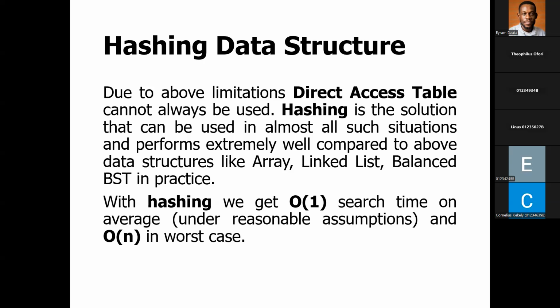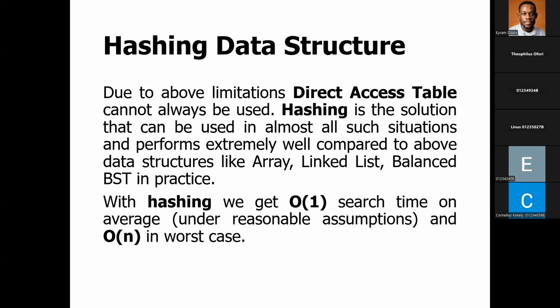But a hash table can easily be implemented in your programming language. For instance, in Python, you can use dictionaries and sets to implement a hash table. But with the direct access table, practically it's impossible.